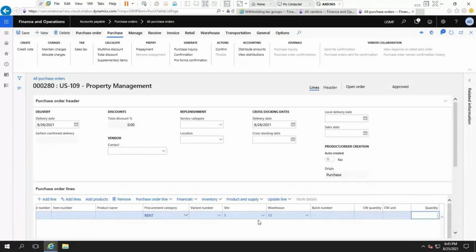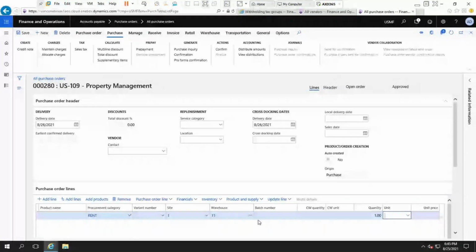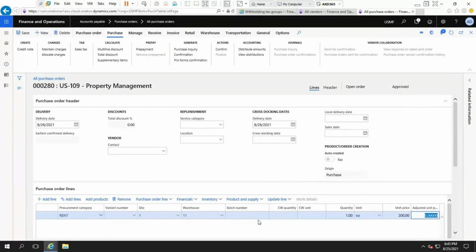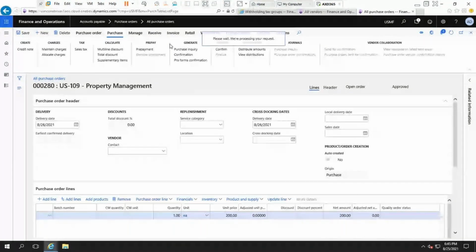For that he is charging, suppose, $200. So that invoice I'm updating. I'm doing confirmation.